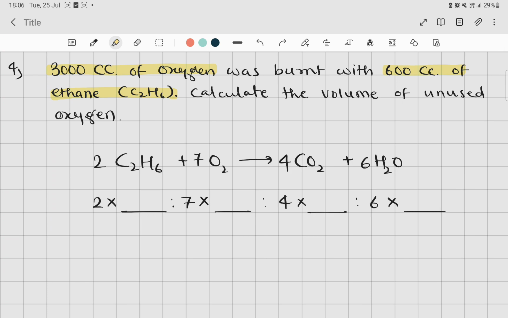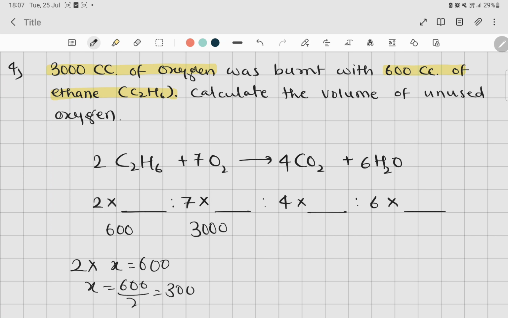So how can we solve this question? 3000 cm³ of oxygen is given to us, and 600 cm³ of ethane is given to us. If 2 into x is equal to 600, then x is equal to 600 by 2, which is nothing but 300.